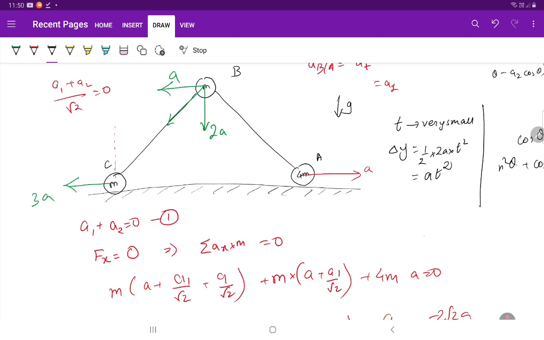So now applying the virtual work method after time t, which is very small, I can assume that the velocity of b will be minus at i cap minus 2at j cap. The velocity of c can be written as minus 3at i cap, and the velocity of a will be at i cap.